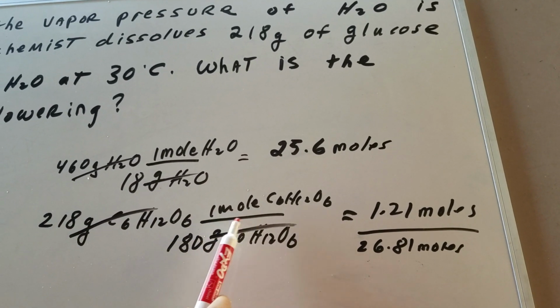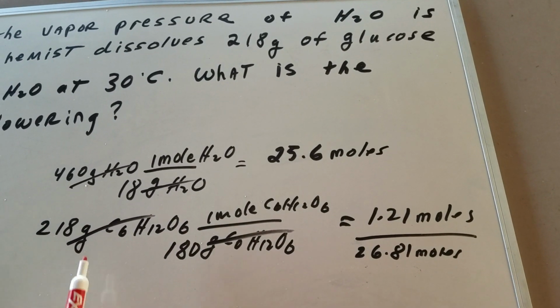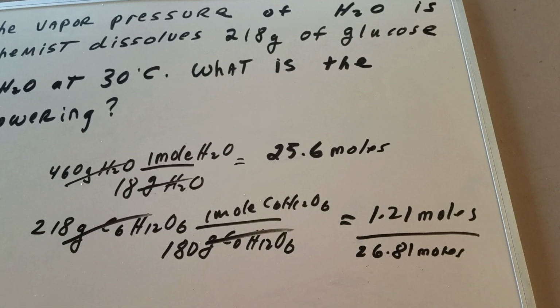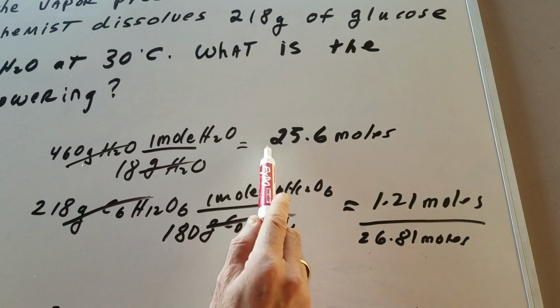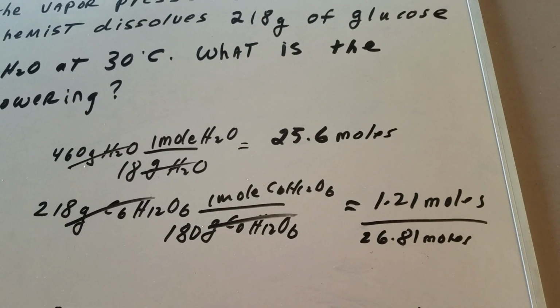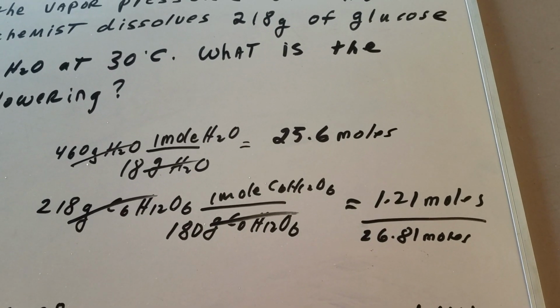I look up the weight of C6H12O6, which is the molecular formula of glucose, and it's 180. When I divide 218 by 180, I get 1.21. Let's add up the total moles while we're at it. So 25.6 moles of water and 1.21 moles of sugar, glucose, gives me 26.81 moles total.